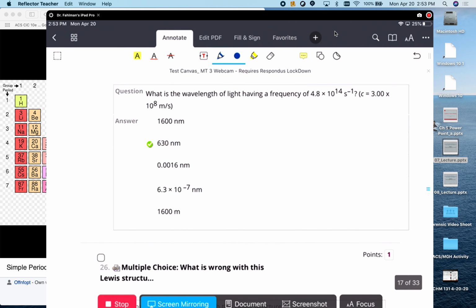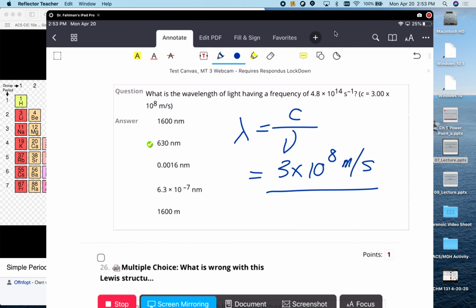And what's the wavelength having a certain frequency? So it's C over frequency. So it's just 3 times 10 to the 8th meters per second divided by 4.8 times 10 to the 14th seconds to the minus 1.